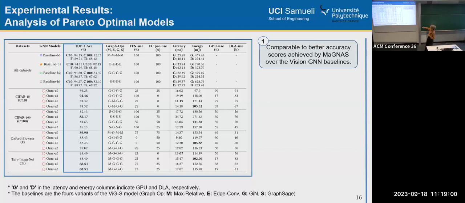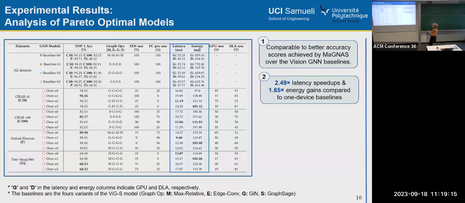Over the 4 datasets, CIFAR-10, CIFAR-100, Oxford Flowers, and Tiny ImageNet, we can see that our framework has been able to identify models with comparable to better accuracy. Then, by adding the distributed mapping option, we get a speedup of more than 2 times in latency, and also 1.6x energy gains compared to the baselines.